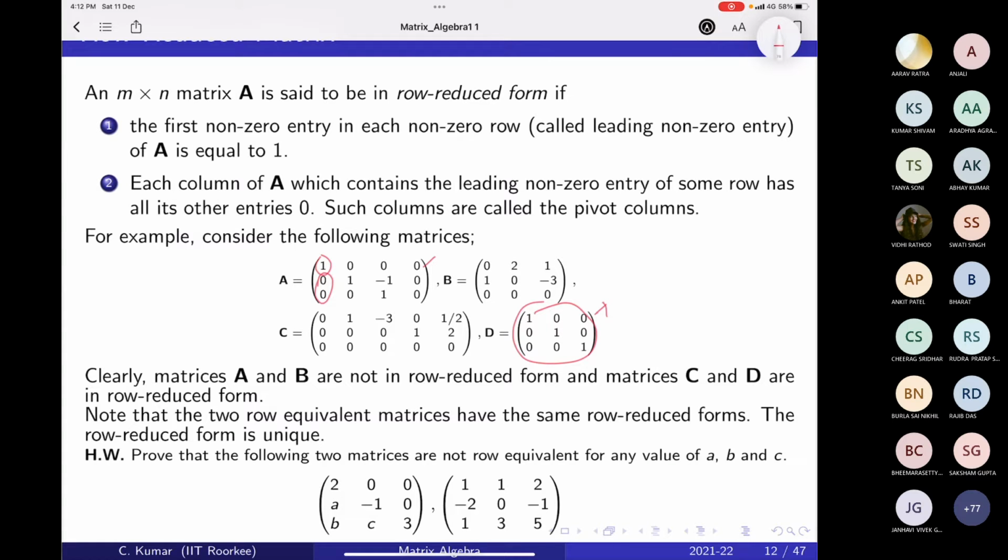So in most of the cases, you'll end up in this form. But obviously, if you interchange the first row and second row, or any 2 rows, then you still have this row reduced form.